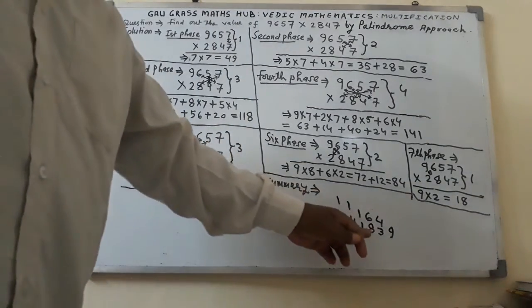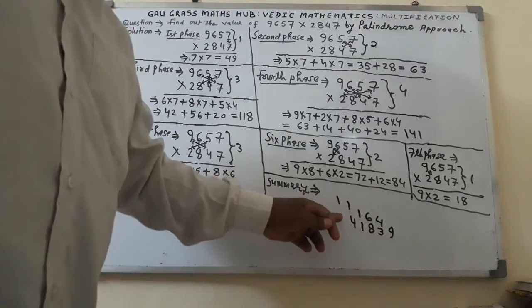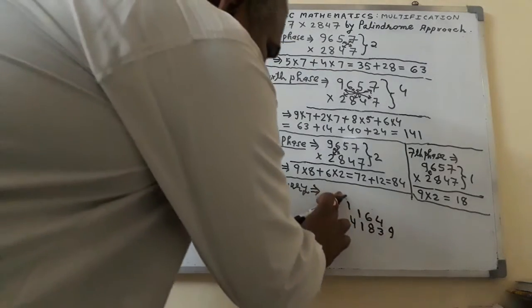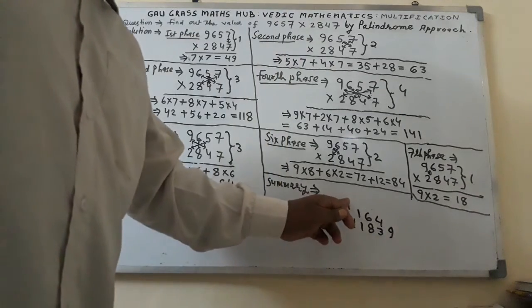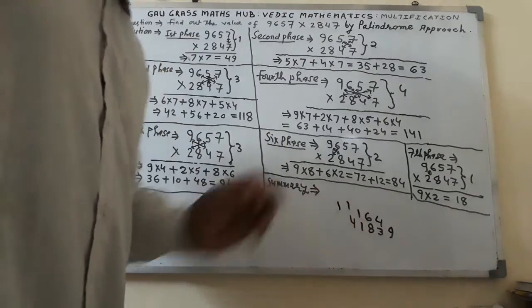You have got 118, 141. Like this transfer 118, 141.